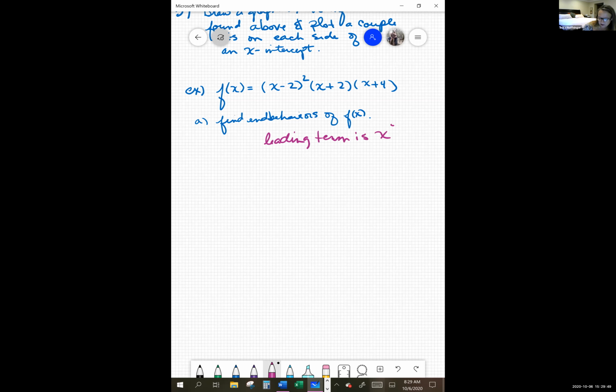And so for this end behavior, our leading term is x to the fourth. And so we have to look at the limit as x goes to negative infinity of x to the fourth. So plugging in negative numbers wherever you see x. Plugging in a negative number and raising it to the fourth power, negative times a negative times a negative times a negative is positive.